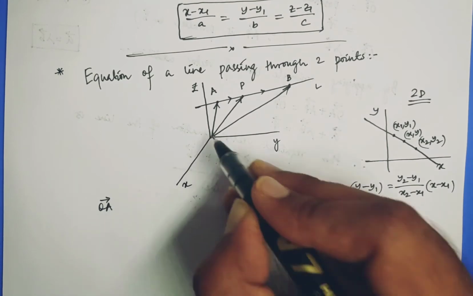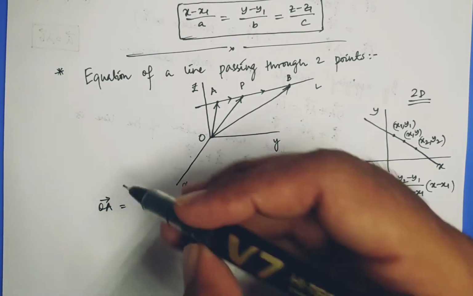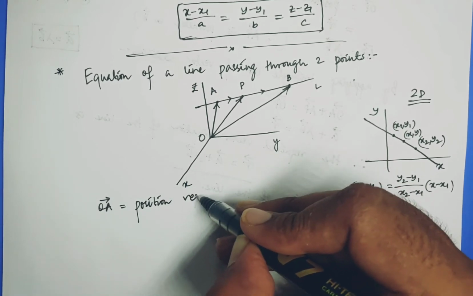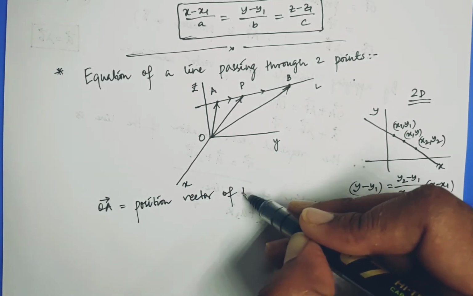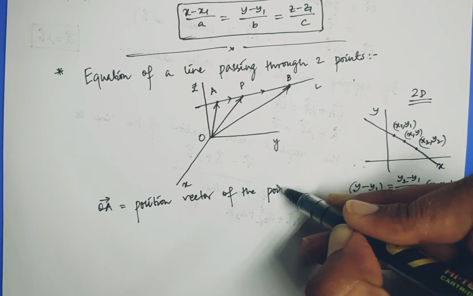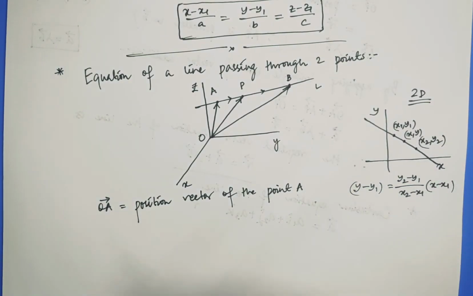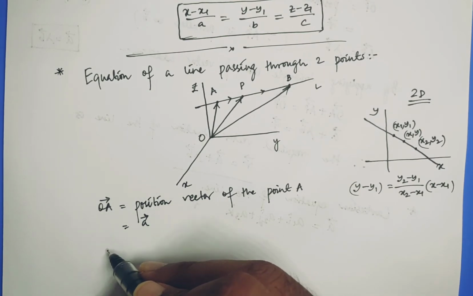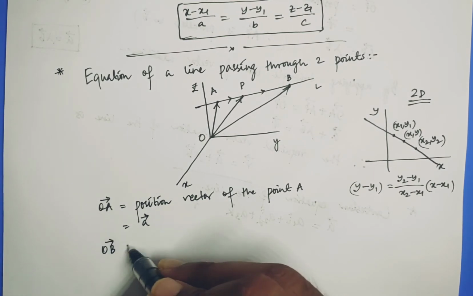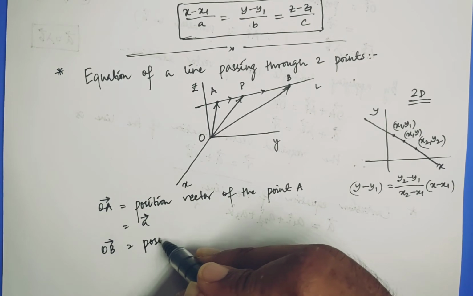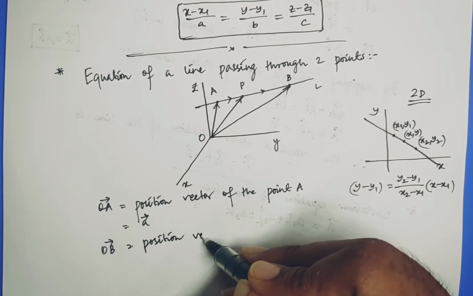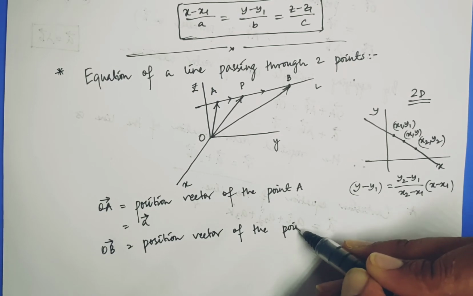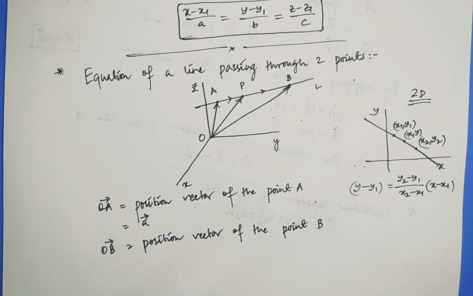So let's write down first the OA vector. What is the OA vector? So this one is O. The OA vector is equal to the position vector of the point A, right? And let us give it the name a vector. Now we have the OB vector. What is the OB vector? The position vector of the point B. Understood?